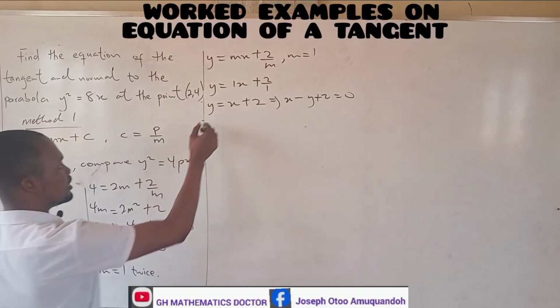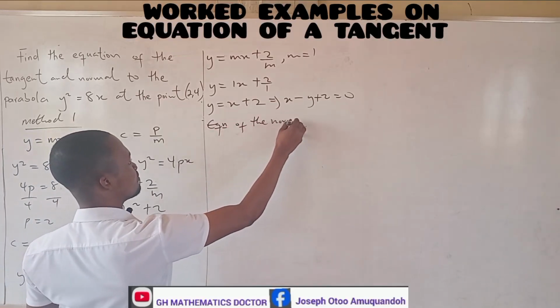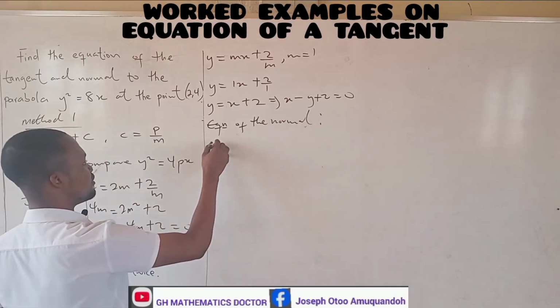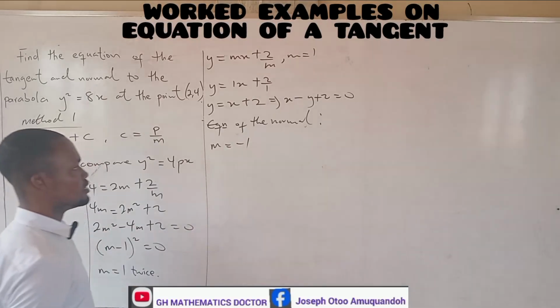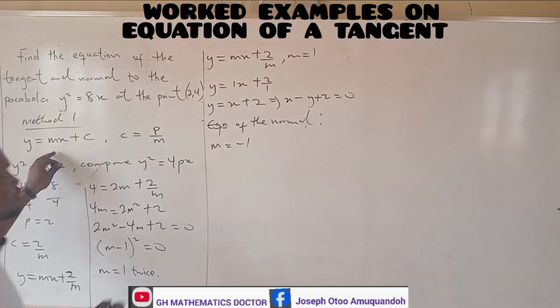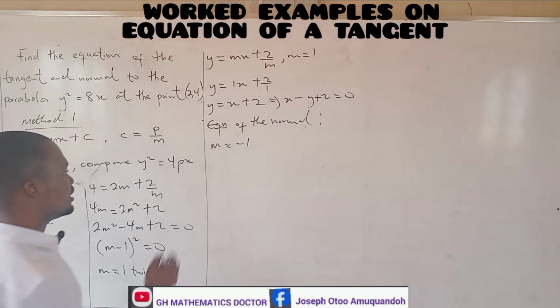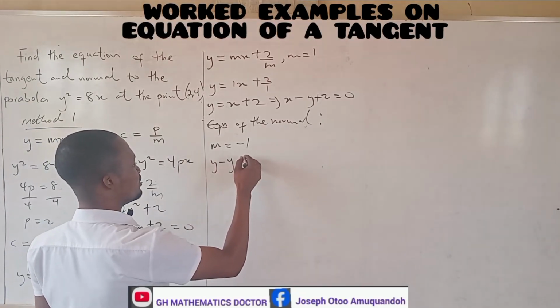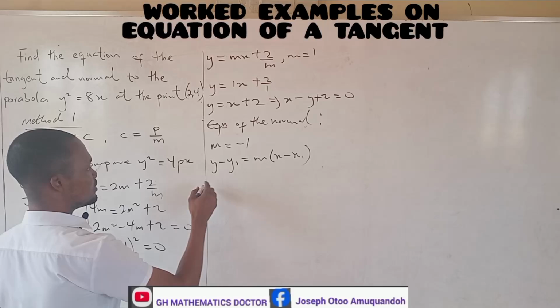Now, if you want to find the equation of the normal, the gradient of the normal will be m equal to -1. That is the negative reciprocal of the gradient of the tangent. For the normal, we have to use the general equation of a straight line, that is y minus y1 equal to m into brackets x minus x1. Then we substitute the gradient inside.